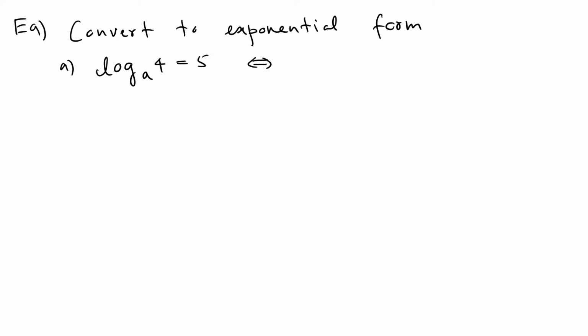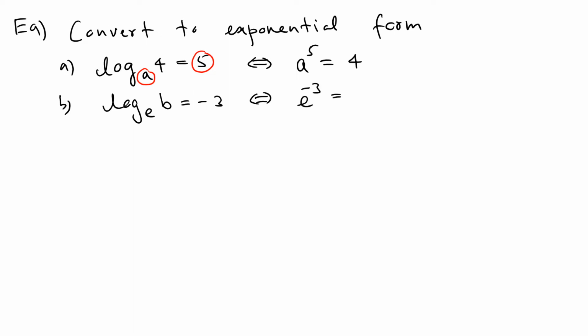By the definition of log, this means, and you notice the base is a, and this is the index 5, so you can write this one as a to the 5th power equals the number 4. That's what it means. And then the second example, let's say log base e of b equals -3. Here the base is e, so you can write this one as e to the -3 equals b.